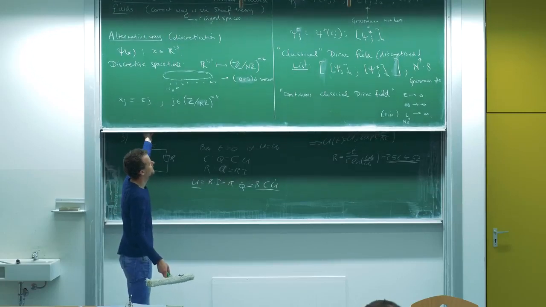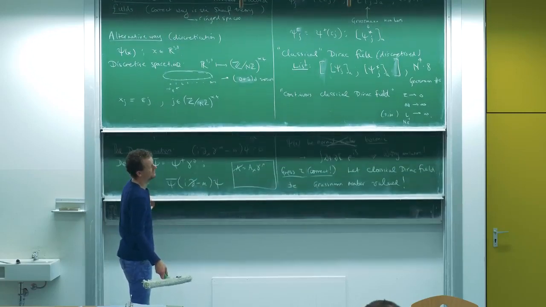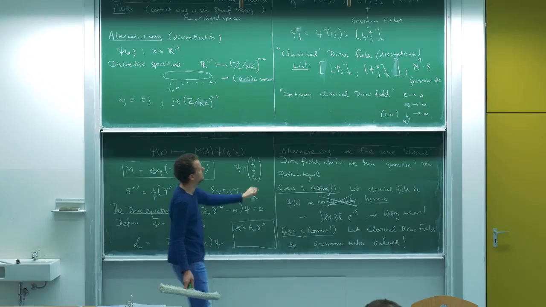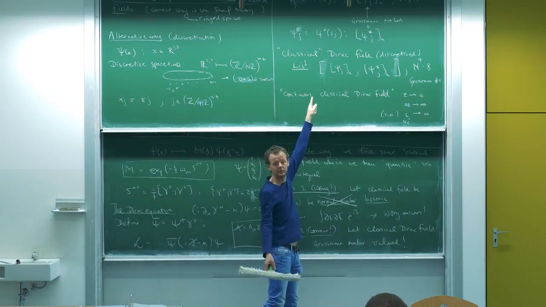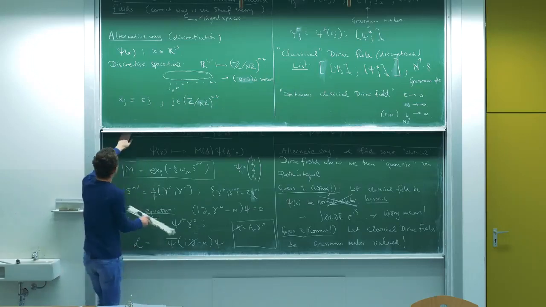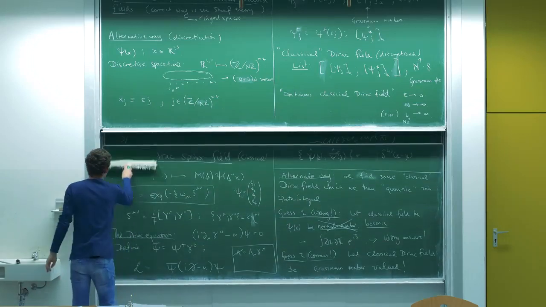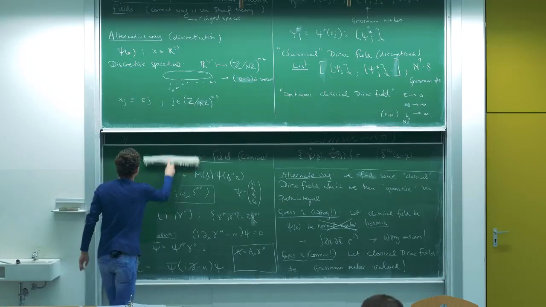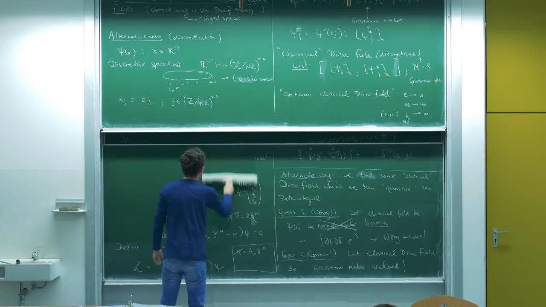So up to the word continuous, there's no harm in thinking of this as being completely rigorous, what I've written up to the point where I say continuous. It's a finite number of Grassmann numbers.